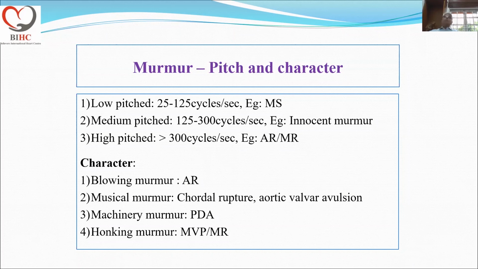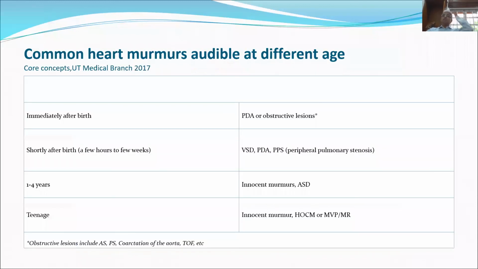Medium and high are more in the feminine sound range. When there is a specific character, you speak of an early diastolic blowing murmur of aortic regurgitation, a musical murmur of caval rupture, a machinery murmur of PDA, or a honking murmur of mitral valve prolapse, mitral regurgitation.